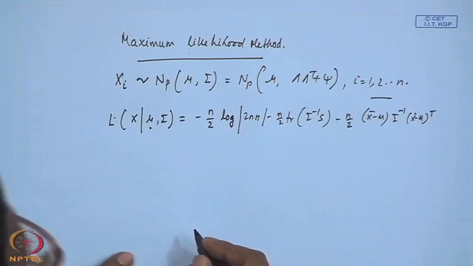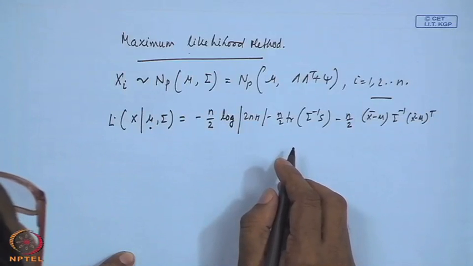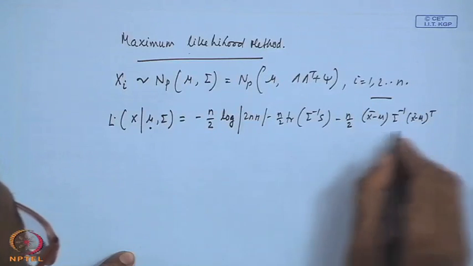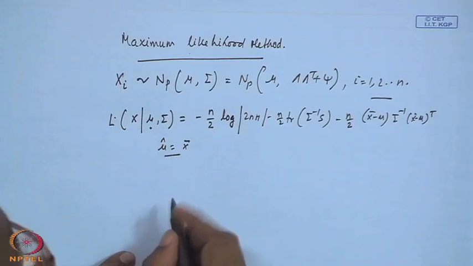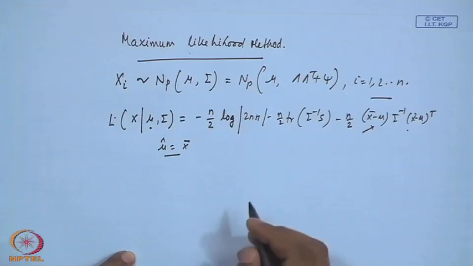Okay. Now, what will happen when you estimate mu cap as x bar? If you put it here, this will become 0.